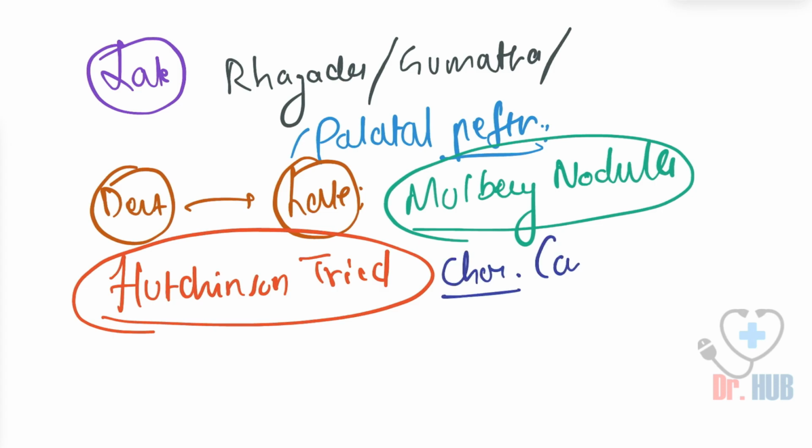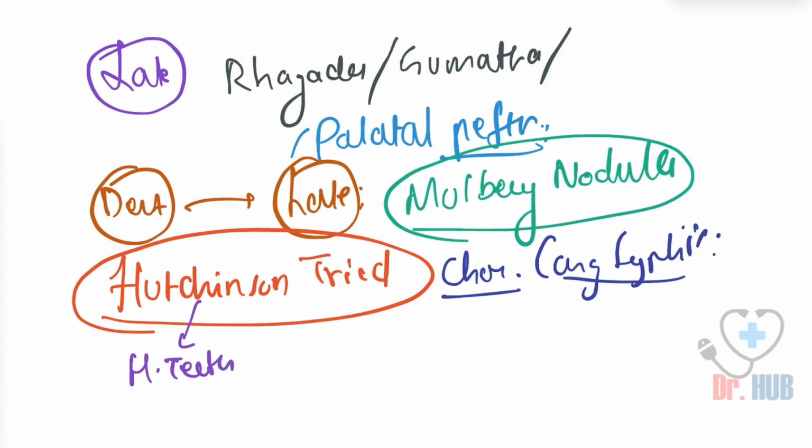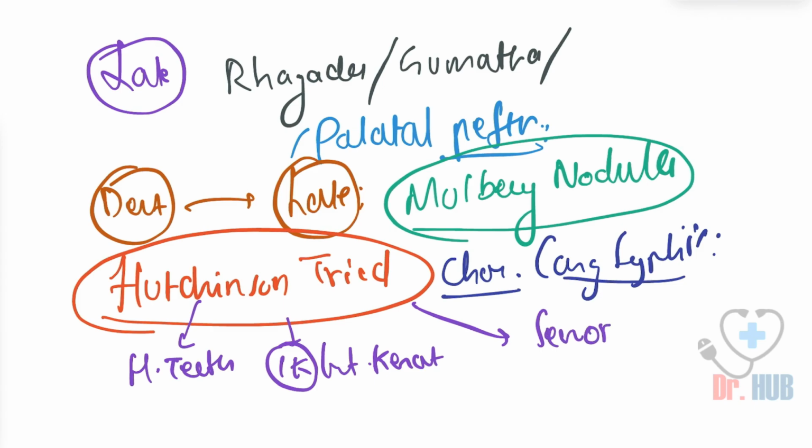Here the components include the Hutchinson's teeth. Then it also includes the IK, that is the interstitial keratitis. And thirdly, there is sensorineural deafness. So these are the characteristics of the dental findings in the late features.